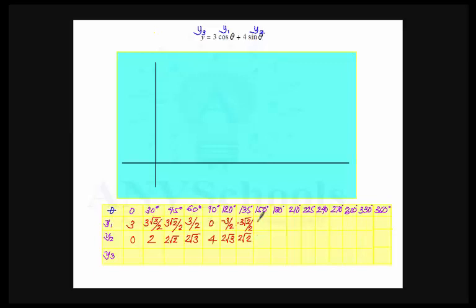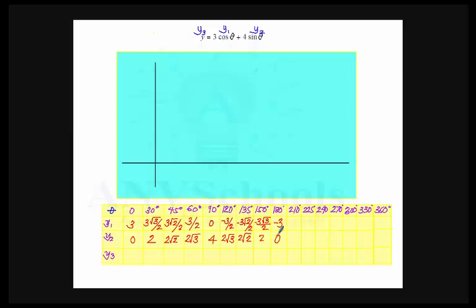For cosine, we will have a negative value, so negative 3 square root of 3 over 2, and for sine it would be 1/2, so 1/2 of 4 would be 2. For 180, we have 0 for sine and negative 1 for cosine, so that would be negative 3 for cosine, and for sine that would be 0.